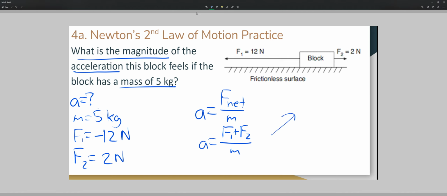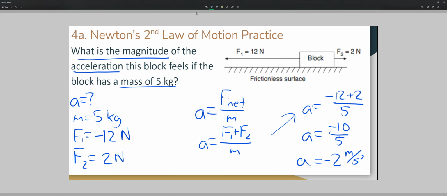My acceleration is F1 plus F2, negative 12 plus 2, divided by m, which is 5. Then I have negative 10 over 5, and that gets me negative 2. The unit for acceleration is meters per second squared. This is your answer.